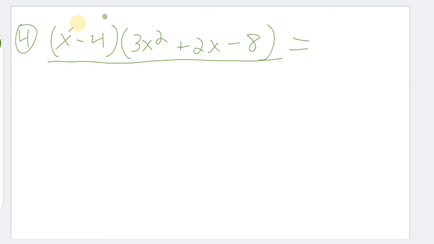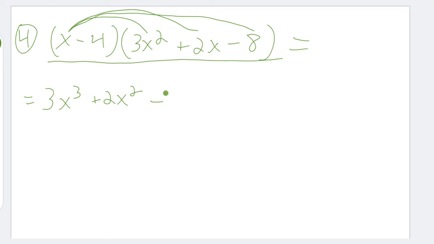Distribute that x times 3x squared. X times 2x is 2x squared. X times the negative 8 is minus 8x.